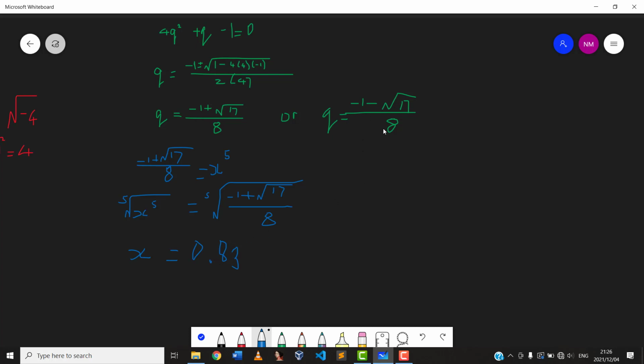Okay, now let's try and solve for this one. Same thing. Cool, so x is equal to, rounded to 2 decimal places, minus 0.91.